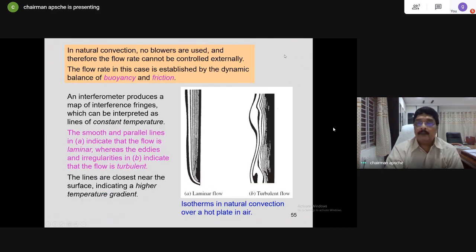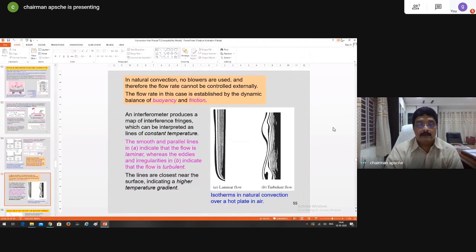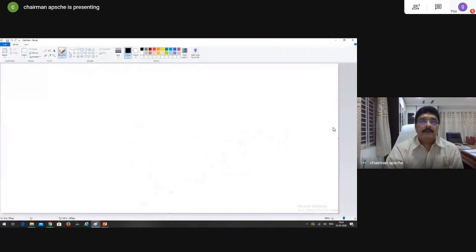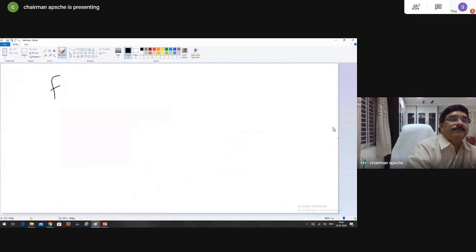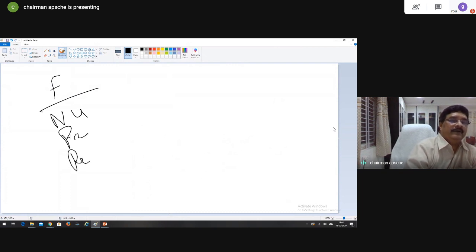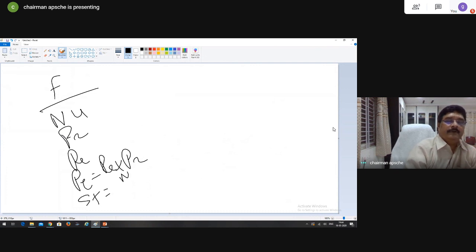Now in forced convection, we talked about Nusselt number, Prandtl number, Reynolds number, Peclet number, and Stanton number, which is Nu divided by Peclet.